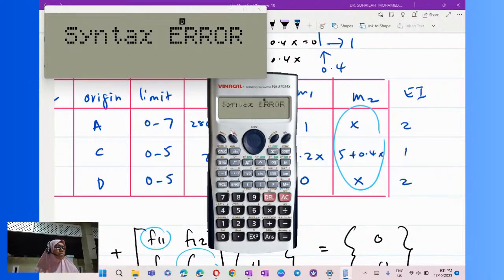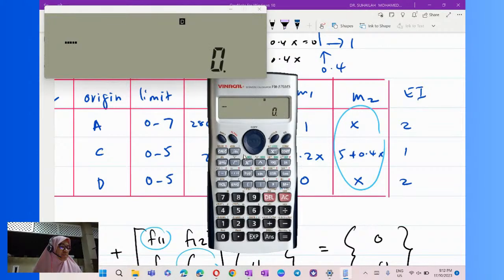How to get back? Okay, please calculate for me. I do not know how to get back to the previous one. I have to redo again. x squared from 0 to 7.